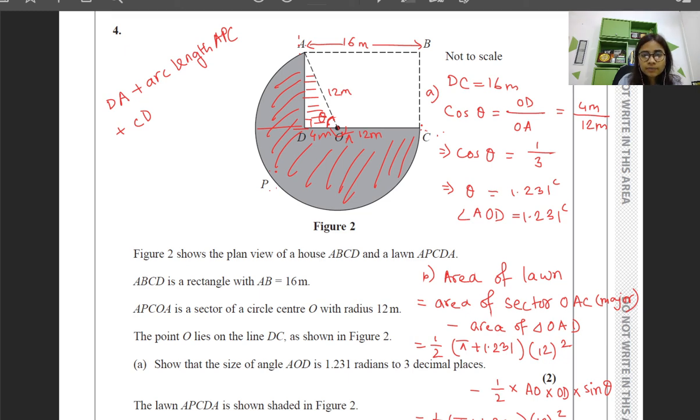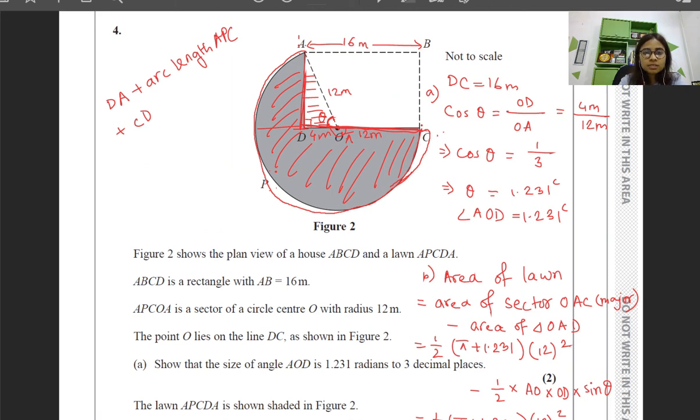One is this AD, another is this APC, the arc length, and another is CD. So we have to find the sides and the arc length and then sum it up.